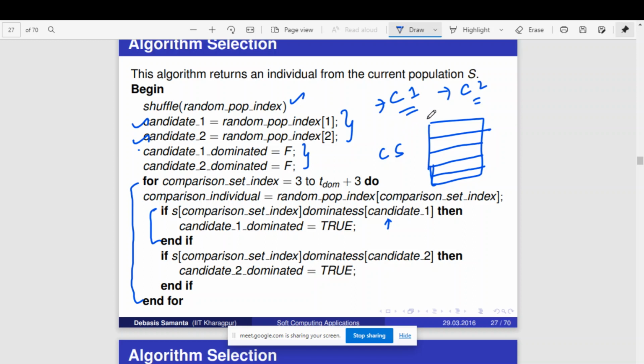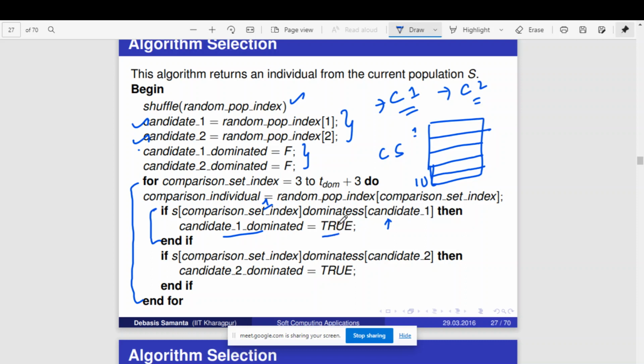Say for example, let us assume the comparison set contains 10 items. Then when the for loop is repeating for the first time, it just compares the first item of the comparison set with candidate 1. For example, if the first item dominates candidate 1, then candidate 1 dominated will become true.